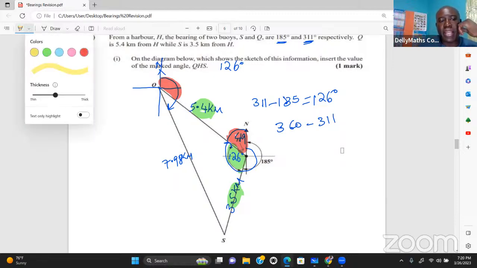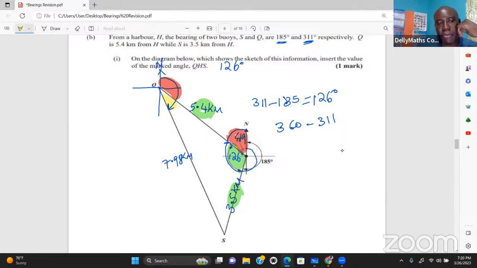To find that missing piece up there in pink, it's going to be 180 minus 49. Remember that co-interior angles add to give 180 degrees. So this angle here is 131 already.